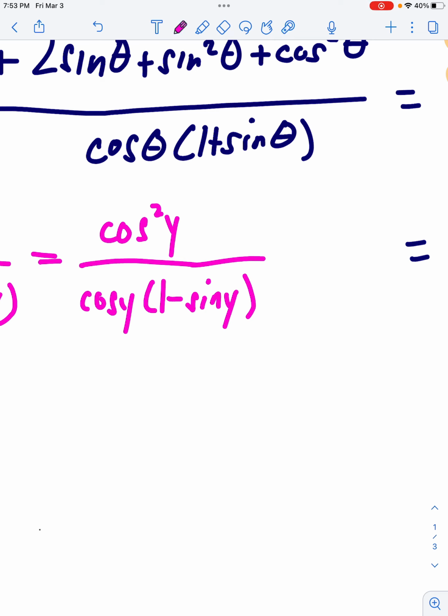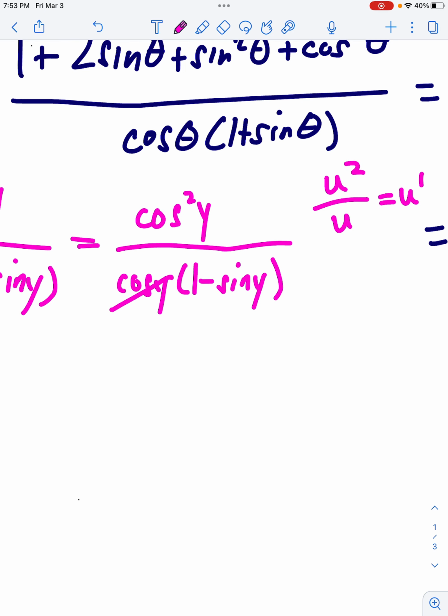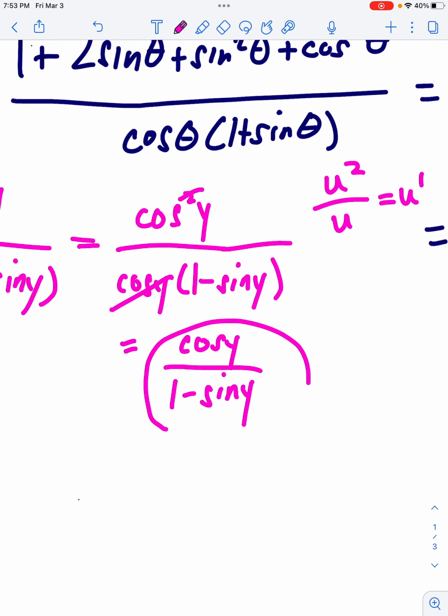So like in algebra 2, if you saw u squared over u, you would know that that simplifies to u to the 1. The same thing happens here. This cosine cancels with the square on top, and I get cosine y over 1 minus sine y. And I'm done, okay?